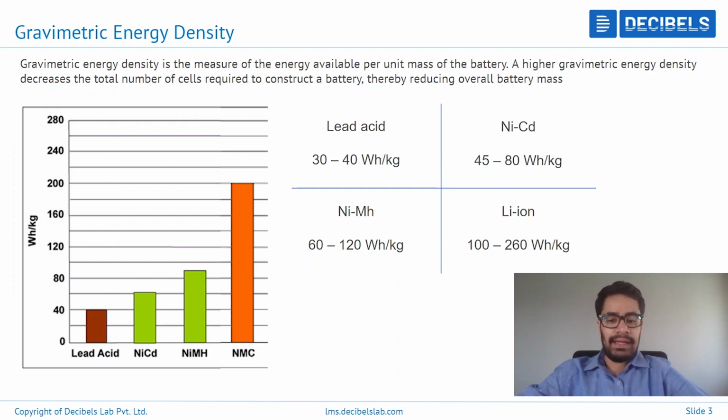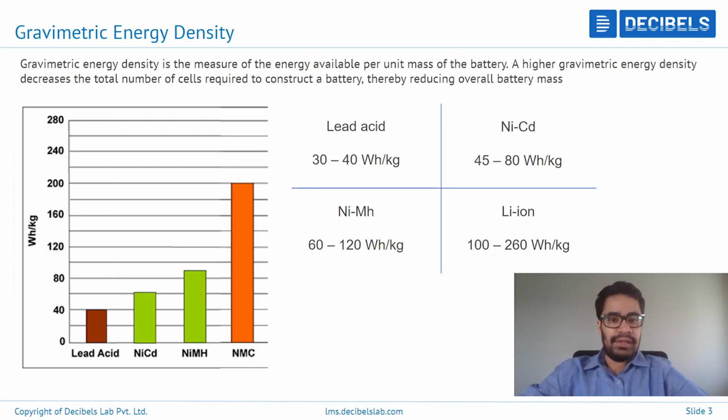So you can see very clearly that lithium ion is having the highest gravimetric energy density, or highest energy available per unit mass. This means that by using lithium ion type batteries, we are able to reduce the mass of the battery pack, or basically we are able to reduce the weight of the battery pack, thereby making it more economical to develop such battery packs.